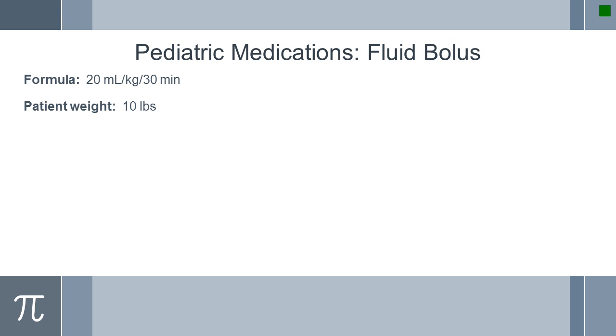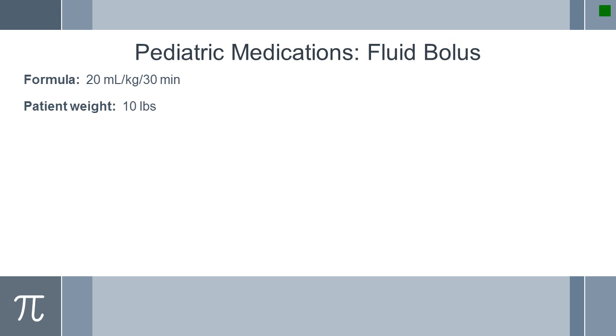So then I've got 2 times 10 times 60, which gives me 1200. And then on the bottom, I have 3 times 2.2, which gives me 6.6. So when I take 1200 and divide that by 6.6, I get 181.81818181, so 181 mils per hour is going to be my bolus.